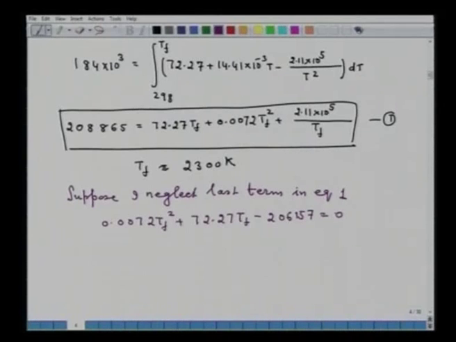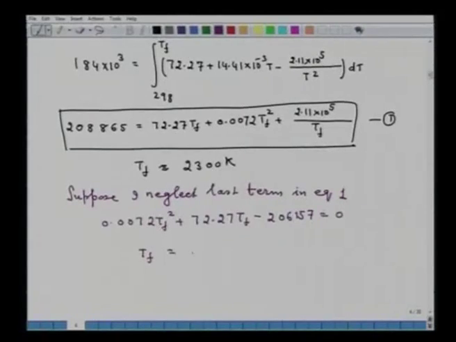So, you have to resolve equation 1 in order to get this equation. Straight away by the quadratic formula Tf will be equal to minus b plus minus under root b square plus 4ac divided by 2a. So, if I solve it, then the value of Tf comes out to be equal to 2319 Kelvin.